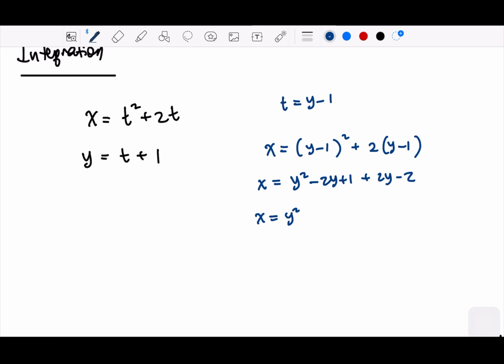Is there any mistake? Is there any mistake again?